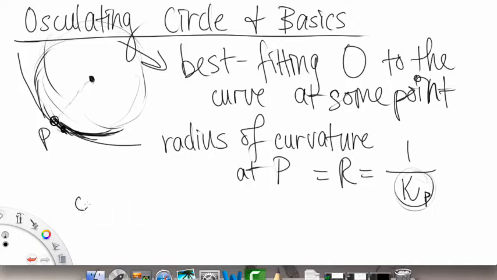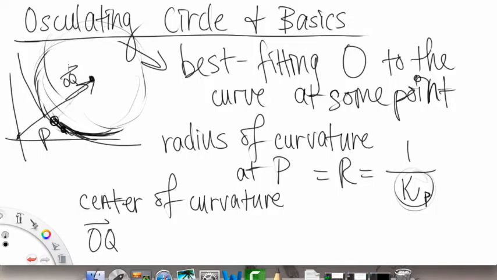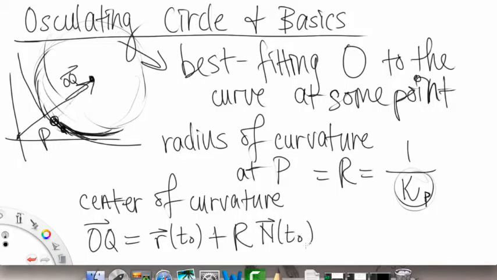And the center of curvature is going to be found with the following formula. We have OQ, that's our center, and it is going to equal r of t naught plus our radius of curvature times the unit normal at that point.